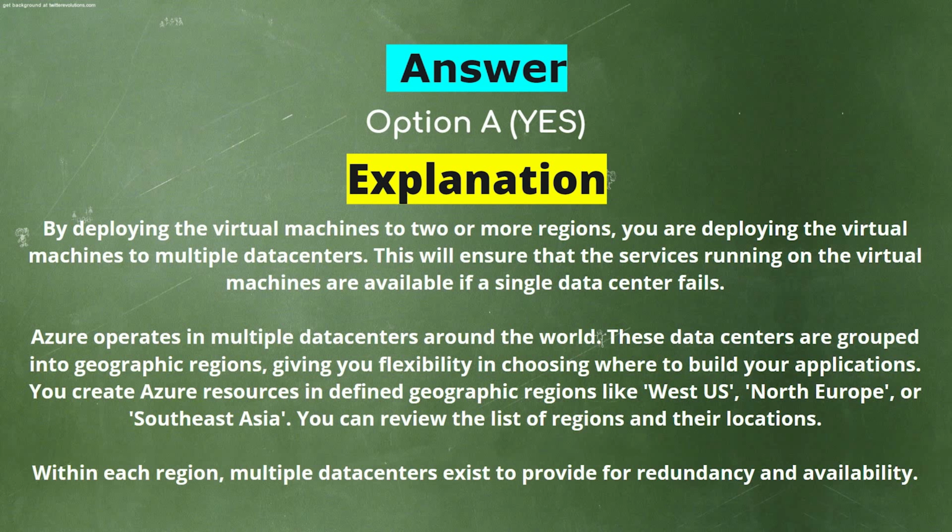These data centers are grouped into geographic regions, giving you flexibility in choosing where to build your applications. You create Azure resources in defined geographic regions like West US, North Europe, or Southeast Asia. You can review the list of regions and their locations. Within each region, multiple data centers exist to provide for redundancy and availability.